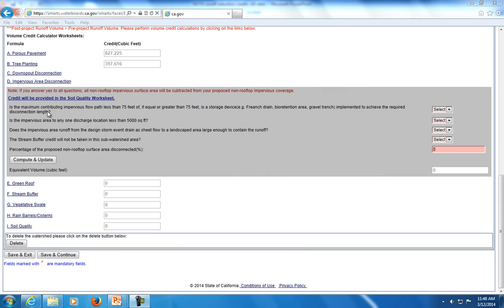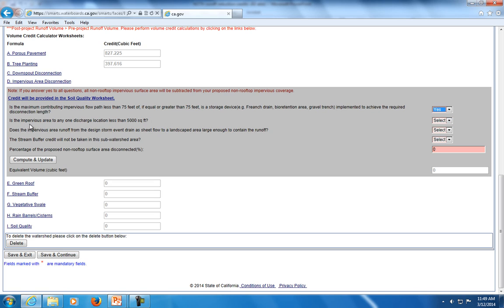So the assumption here, based on the literature, is that any flow longer than 75 feet on an impervious area is going to start coalescing and becoming more of this shallow concentrated flow. Once you get to that point, it's a little bit harder to get water in the ground. It's flowing faster, it's more concentrated. Sheet flow is definitely what we're looking for to facilitate the water infiltrating into the pervious area. So for that one, we're going to select yes.